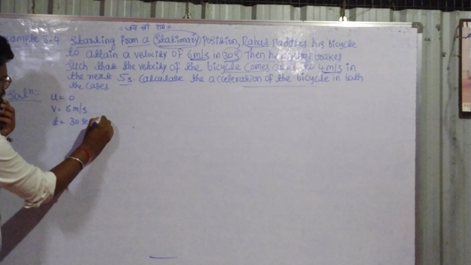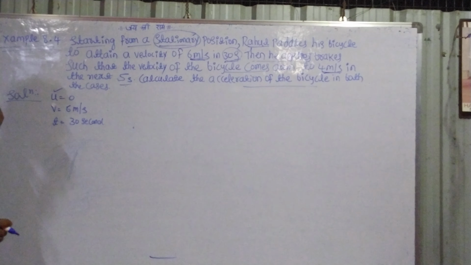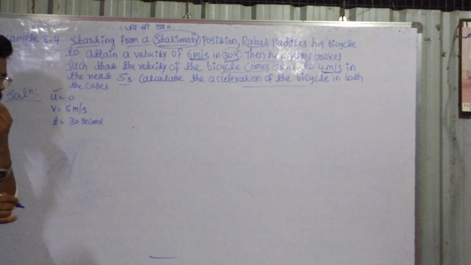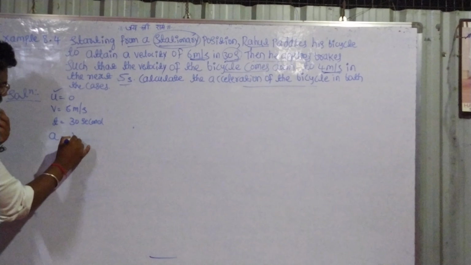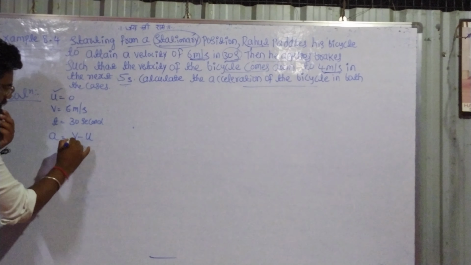So again we write the data: u equals 0, v equals 6 meter per second, t equals 30 seconds. This u is denoted by initial velocity, v by final velocity, and t for time.